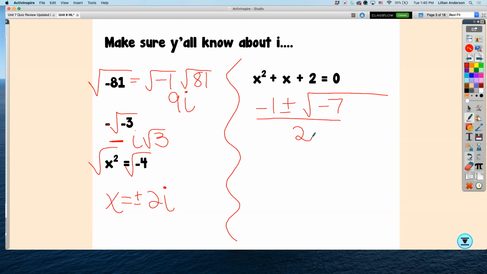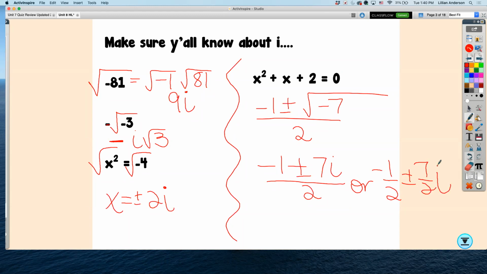So then it's just going to be what? i square root of 7. Yes, i square root of 7 over 2. Okay. And actually, notation wise, usually the i comes after a number, or you can write it separately as -1/2 plus or minus square root of 7 over 2 i. Either one will be acceptable.